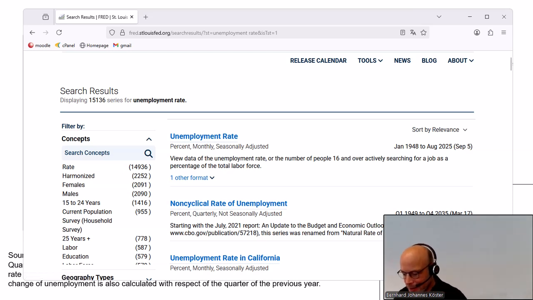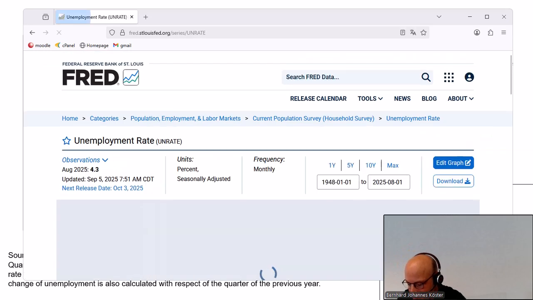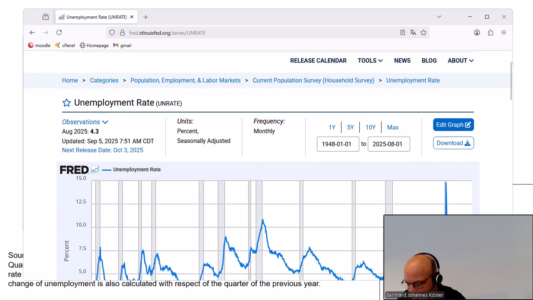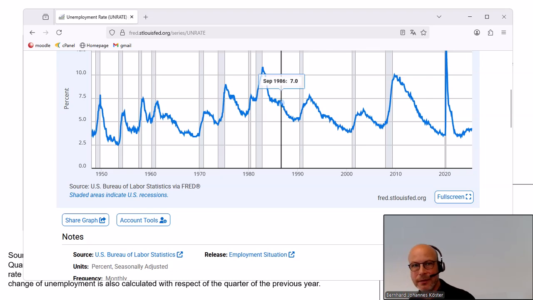But then I see here, this would in general be the right data, seasonally adjusted, but then I have the problem of the monthly frequency, because the data provided for the GDP growth is quarterly data. And then I tried a little bit to change this frequency, and actually I didn't find it.